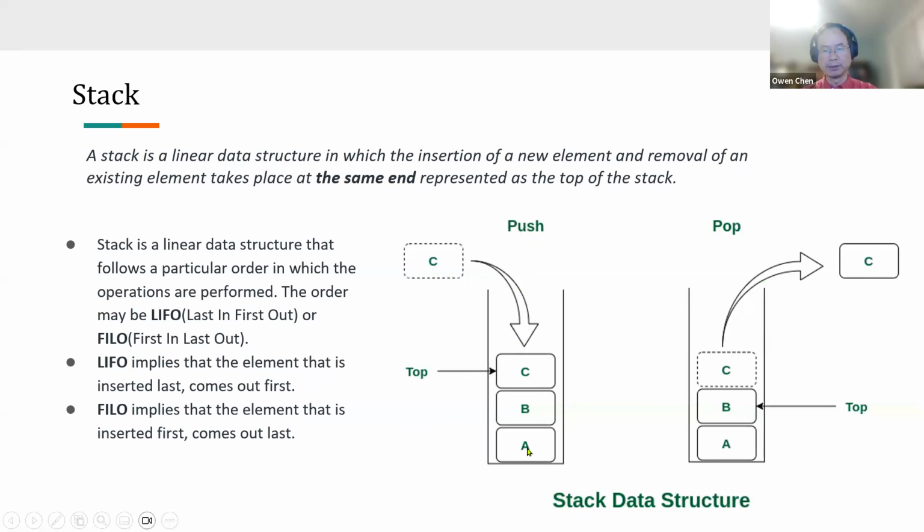The first one you put in, if you want to get it out, you have to remove all the other elements on top. So the first element in will be the last element to get out. So it's first in, last out, or last in, first out. Either call it FILO or LIFO, right?